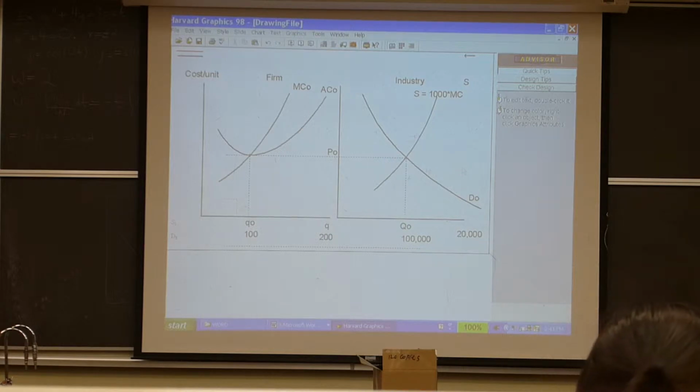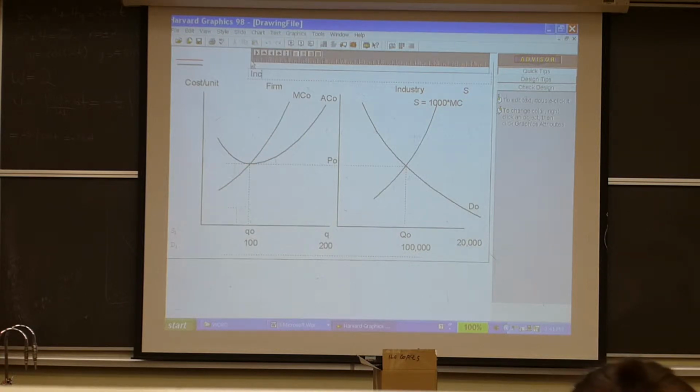Okay? So here's what we're going to do. We're going to have an increase in fixed costs. I'm going to give you an example.